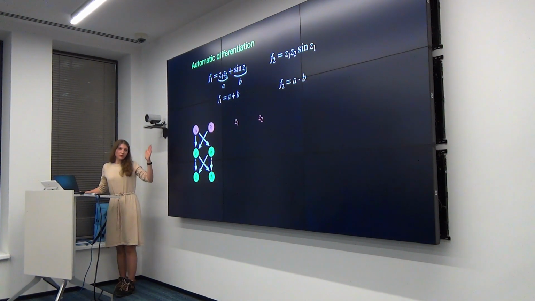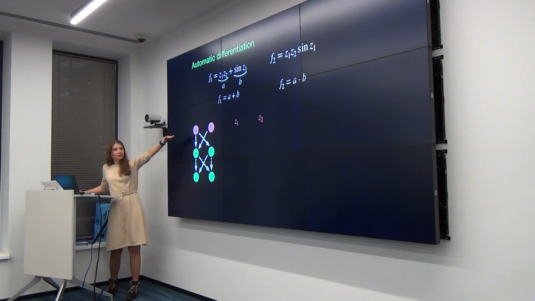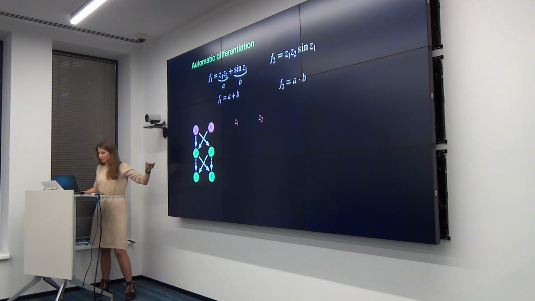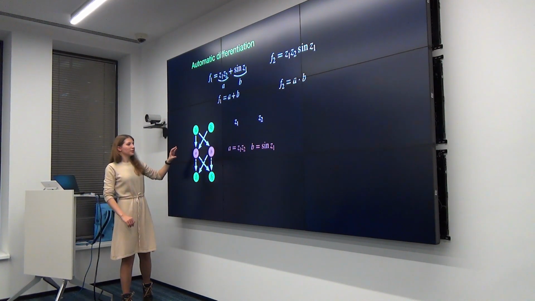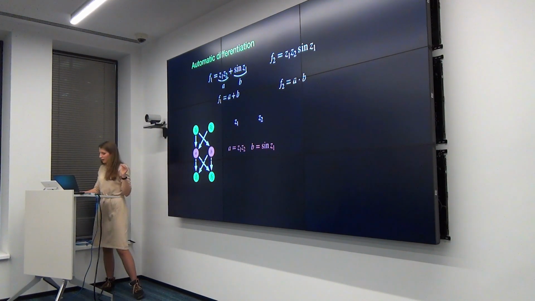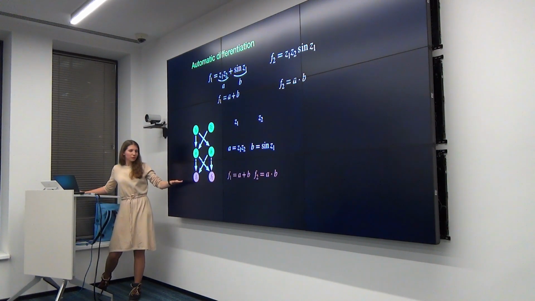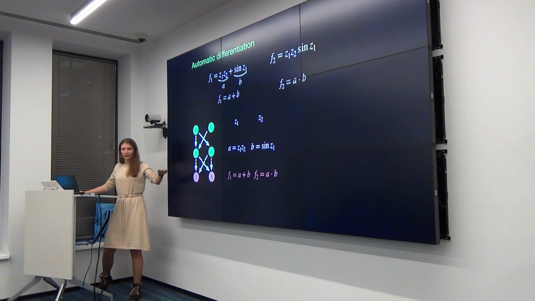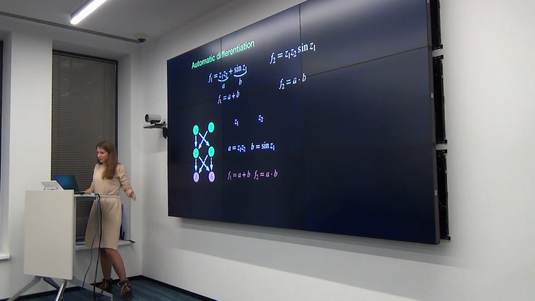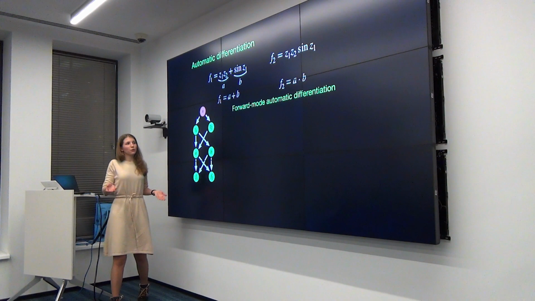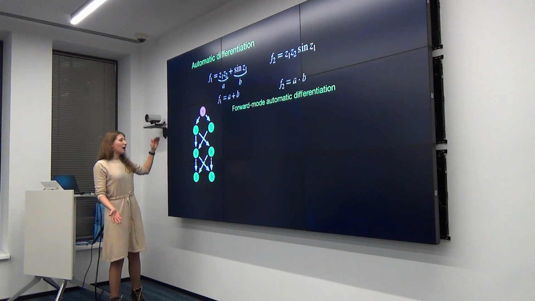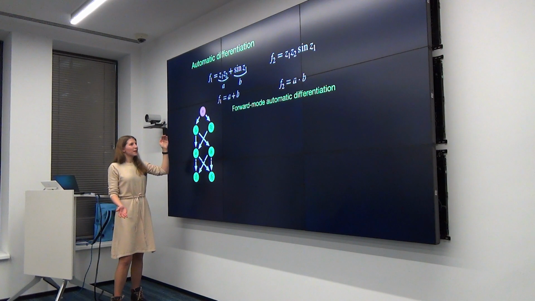And how does our computational graph look? The first is the input, our z1 and z2. Second, we compute our intermediate values a and b. And last, we compute our outputs f1 and f2. Great. And now we want to differentiate it. The first way we can do it is forward mode automatic differentiation. What is the idea?